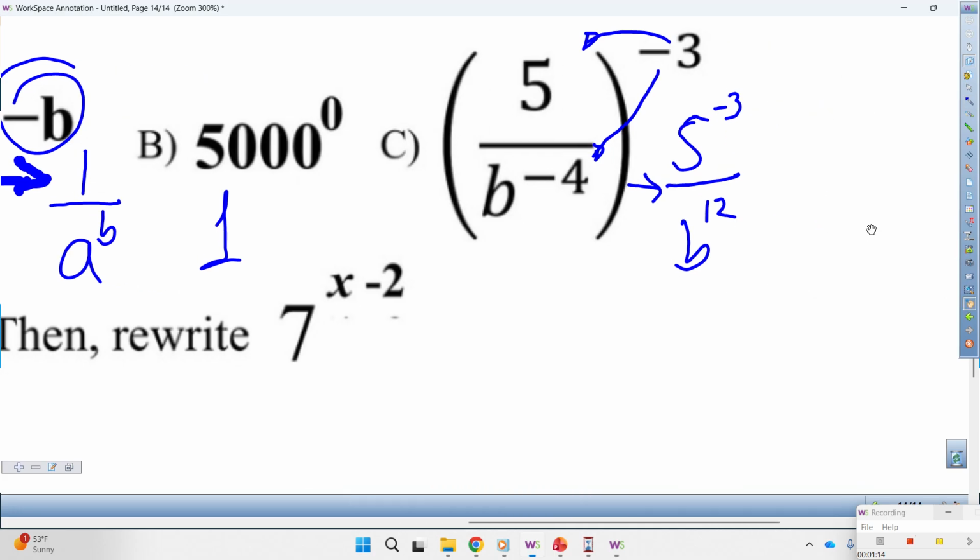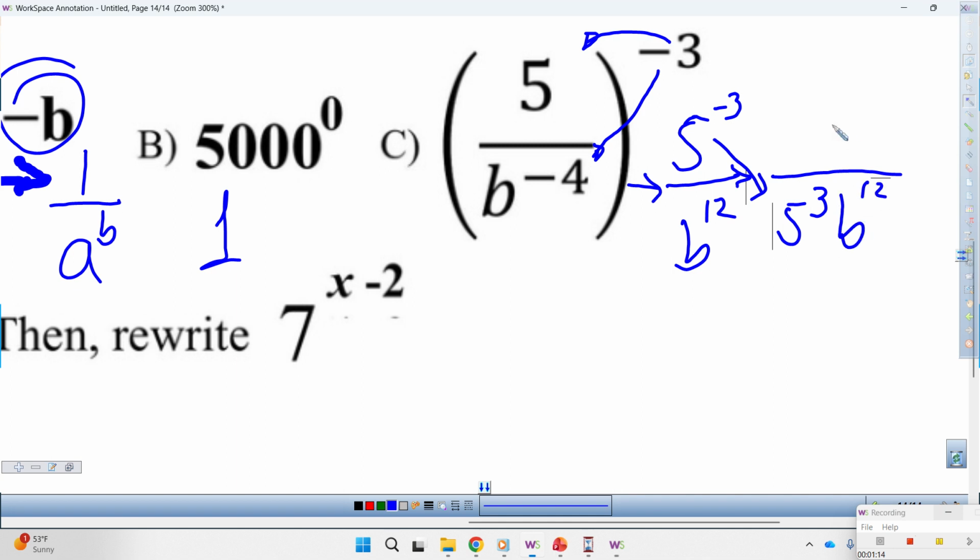However, can we have a negative exponent with the 5 to the negative 3? No, Mr. Q. So we send it to the denominator, 5 to the third power, positive, b to the 12th power, and what do we write on the numerator? A1. Last but not least, rewrite the last one.